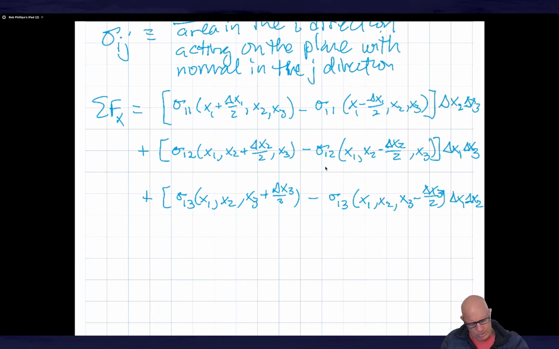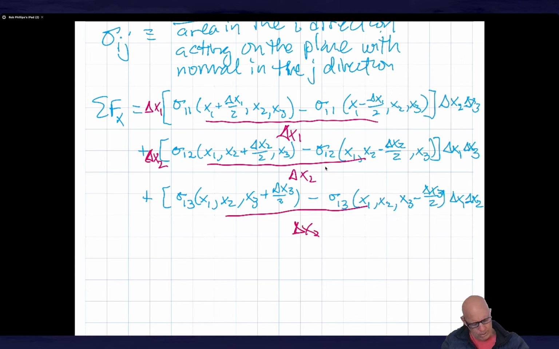So the observation I want to make is that this thing wants to be a derivative. So I multiply it by delta x1 and divide by delta x1. This one wants to be a derivative, so I multiply and divide by delta x2. This one wants to be the derivative in the 3 direction, and I multiply and divide.